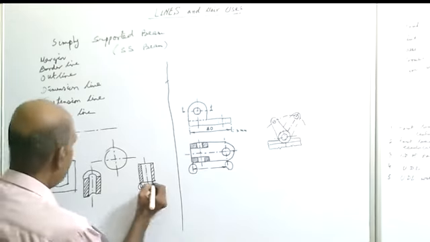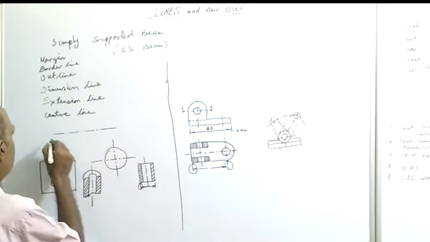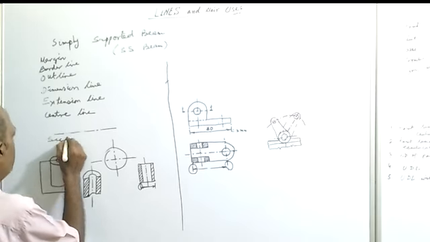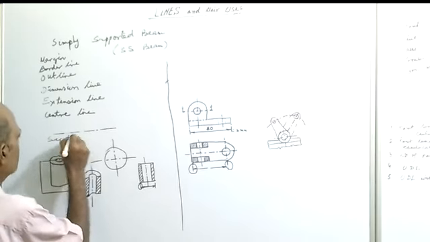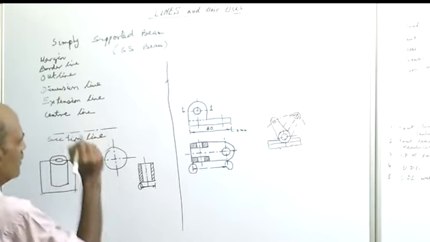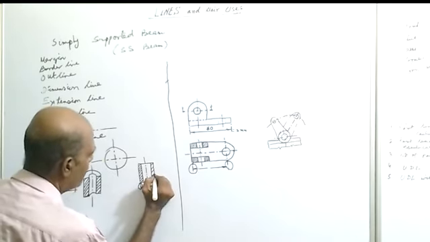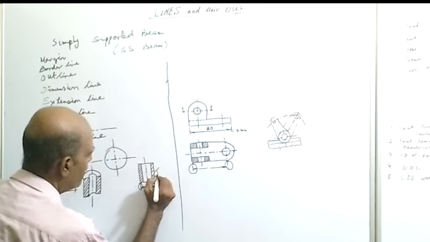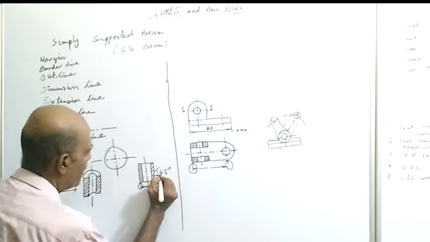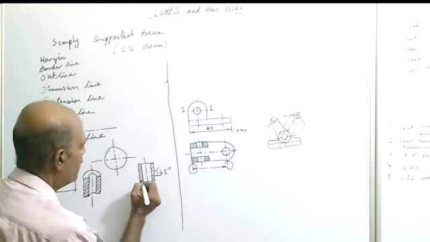Generally for section lines, this is your center line, then the section line. This line is drawn at an angle, generally 45 degrees with the horizontal, and the spacing is 3 to 5 millimeter.